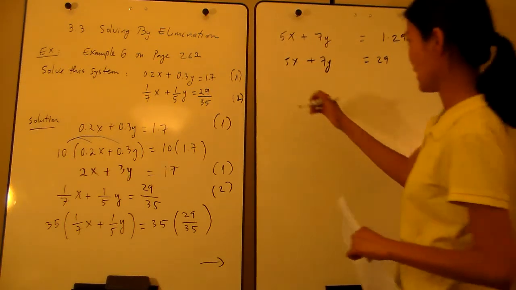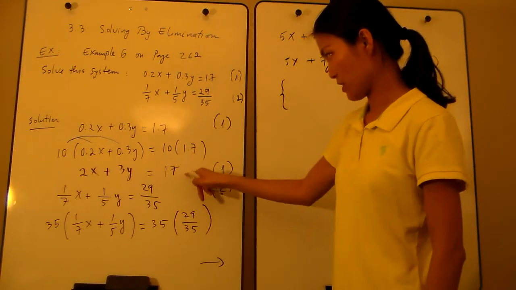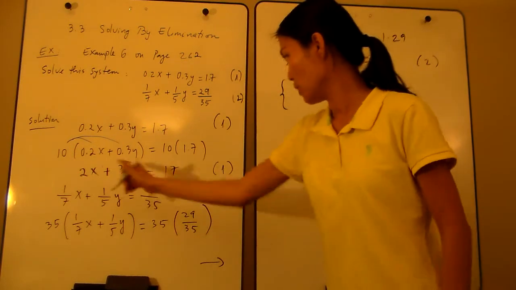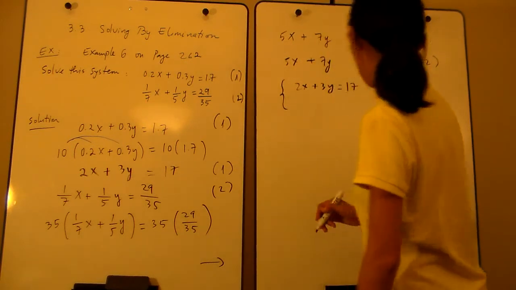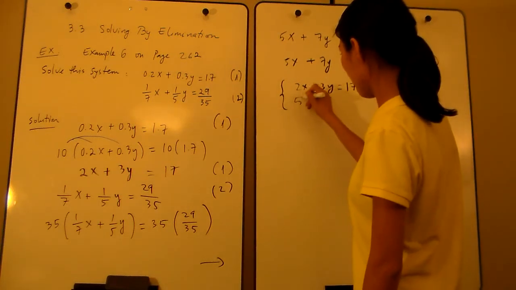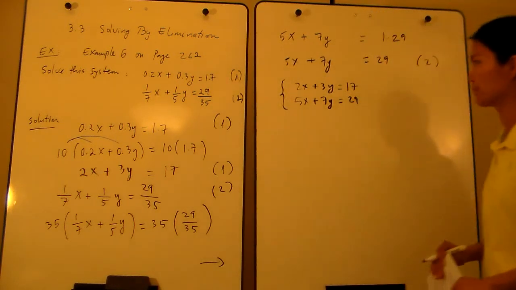Now, let's rewrite equations 1 and 2. Equation 1 without decimals is 2x plus 3y equals 17. Equation 2 without denominators is 5x plus 7y equals 29.